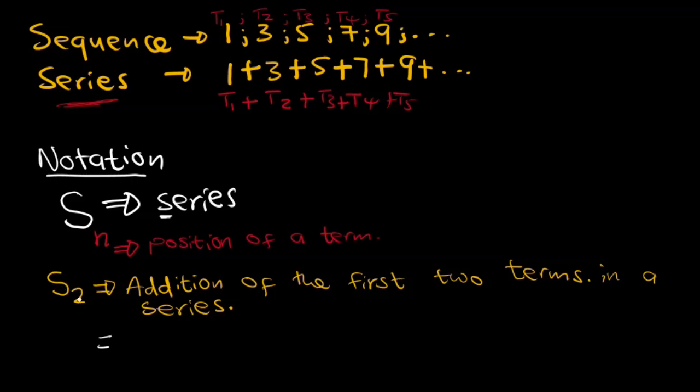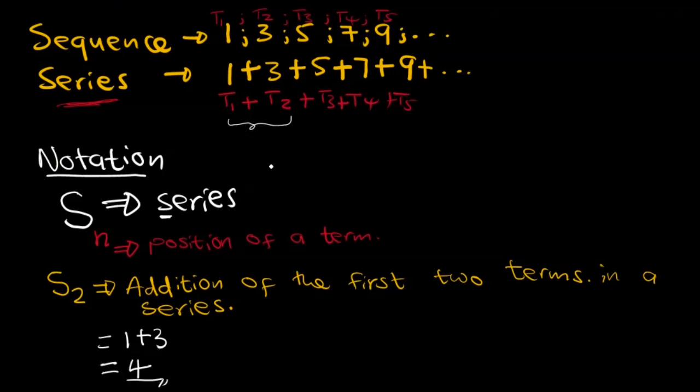Let's expand this even further, using the example of 1 plus 3 plus 5 plus 7 plus 9 as a series. This S2 means the addition of the first two terms, term 1 and term 2, which will be 1 plus 3. So 1 plus 3 gives me a 4.